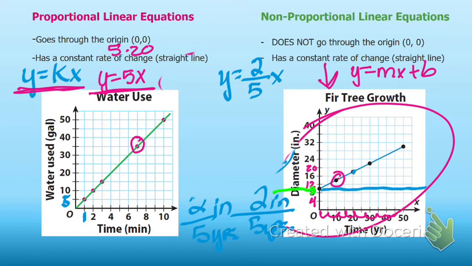No. What do you think the B is for? Where it began. Oh, really? How wide was it already? 10 inches. So we have to remember that every time. We have to add on 10 because it began with a diameter of 10 inches.